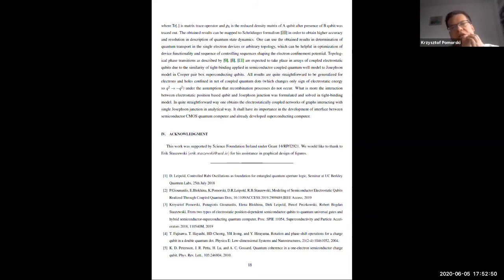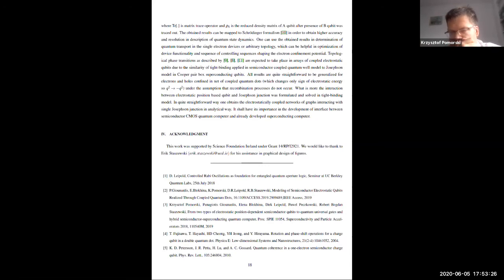This is the so-called electrostatic interface, and I would say there's also the possibility of having a magnetic interface. Basically, I imagine that you already have a flux transmon qubit in IBM Quantum Experience, which stands for a superconducting quantum chip, and you can couple this qubit with a semiconductor qubit.